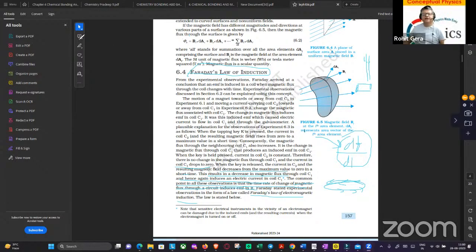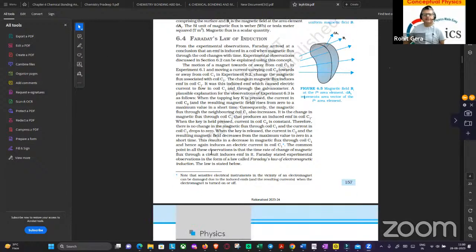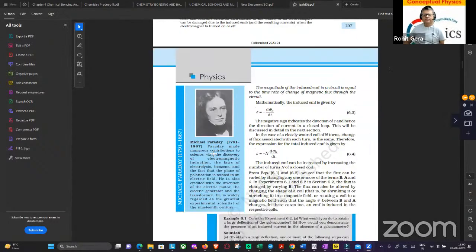This is the law. Let me show you the law so that they can ask you to define the Faraday's law of electromagnetic induction. इलेक्ट्रोमैग्नेटिक इंडक्शन का पहला लॉ इस चैप्टर का यही है. देखो क्या लिखा हुआ है.